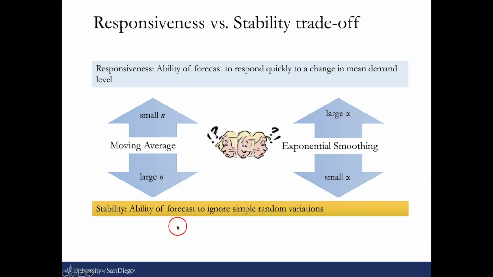On the other hand, if you want stability, so the ability of the forecast to ignore simple random variations, then we want to choose a large n, so a larger window, so that we can get the averaging effect into our estimate, and that will allow us to smooth or flatten the spikes that we observe in the demand. So that's for the moving average. And for the smoothing case, we want to use a small alpha.